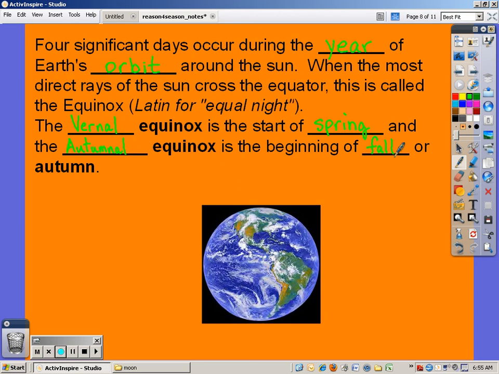And the term equinox, Latin for equal night, means you have approximately 12 hours of sunshine or daylight and about 12 hours of darkness or nighttime. And once again, those numbers are approximate. It's not exact.